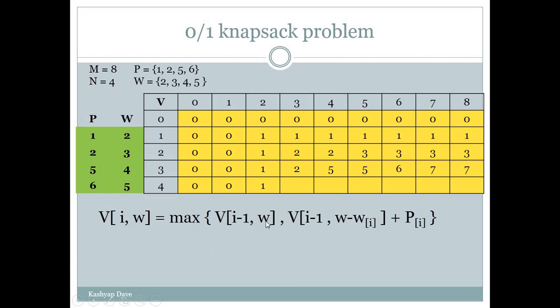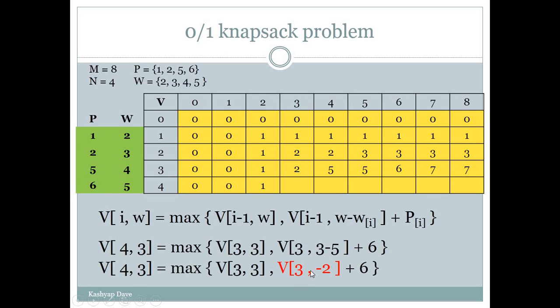Okay, now let's calculate for 4 and 3. So 4 and 3, our maximum value of V3 comma 3 and V I minus 1, means 4 minus 1, 3, comma W means 3 minus weight of item is 5, so 3 minus 5 plus 6.